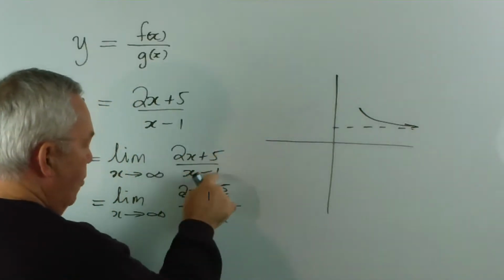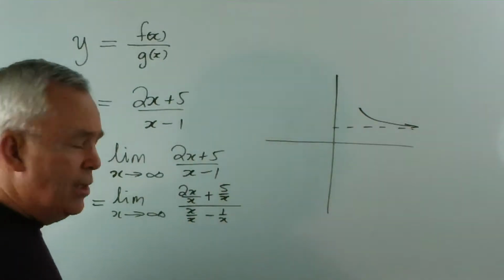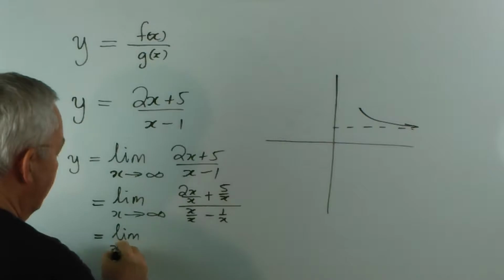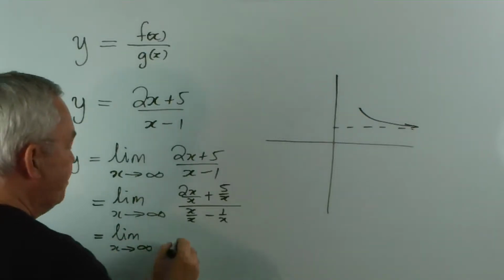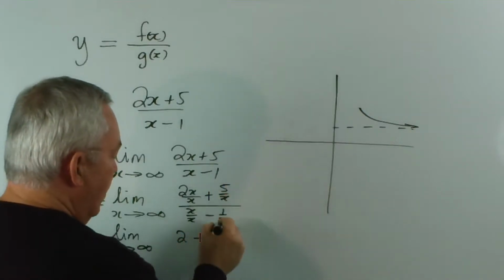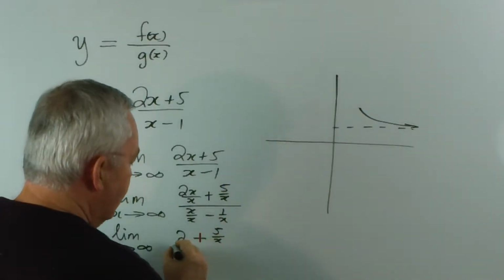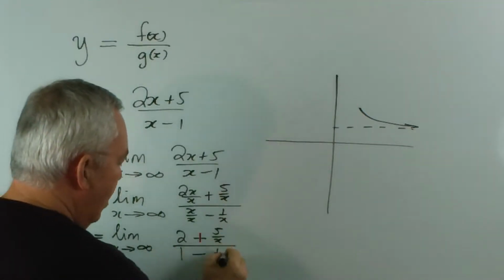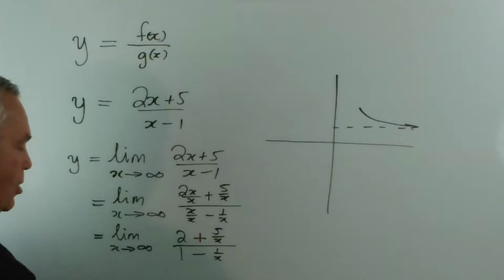So we've got 4 bits here, and every one of those bits gets divided by x. 2x over x is simply 2. Can't improve on 5 on x, so we'll leave that alone. X over x is worth 1, and 1 over x we leave untouched.